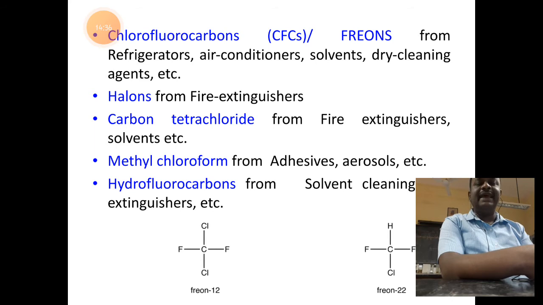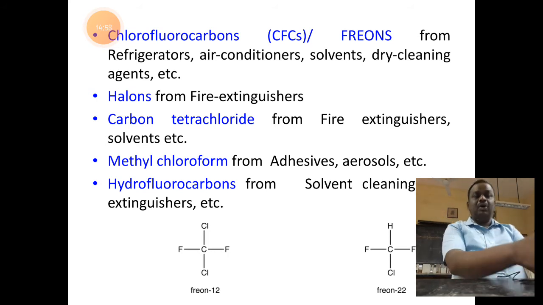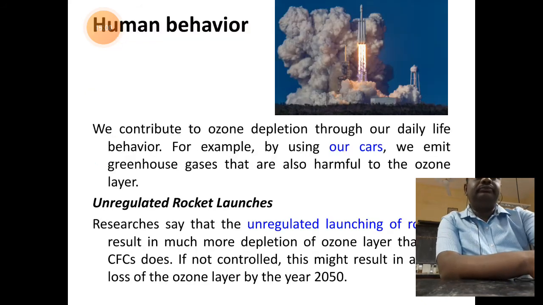Then HCFCs, that is hydrofluorocarbons, from the cleaners and fire extinguishers. In addition to these, nitrogen compounds, then methyl bromides, etc. also act as causative factors for the depletion of the ozone layer.